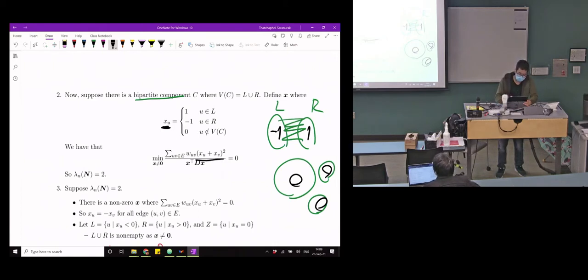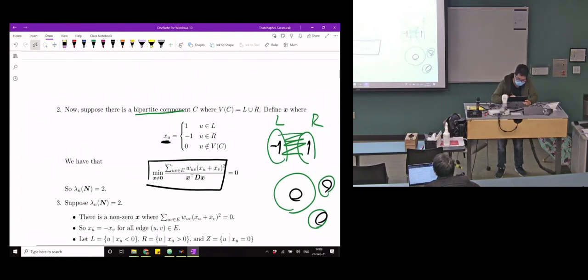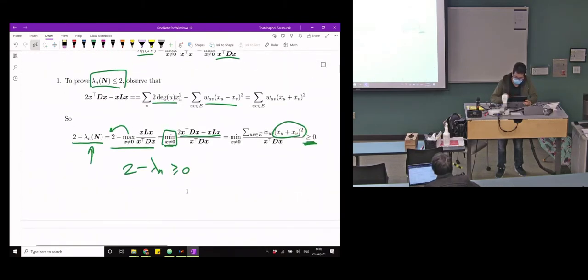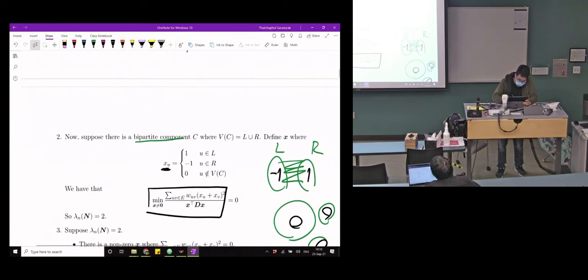And just look at this thing. So note that this is 2 minus lambda n, and this is 2 minus lambda n.